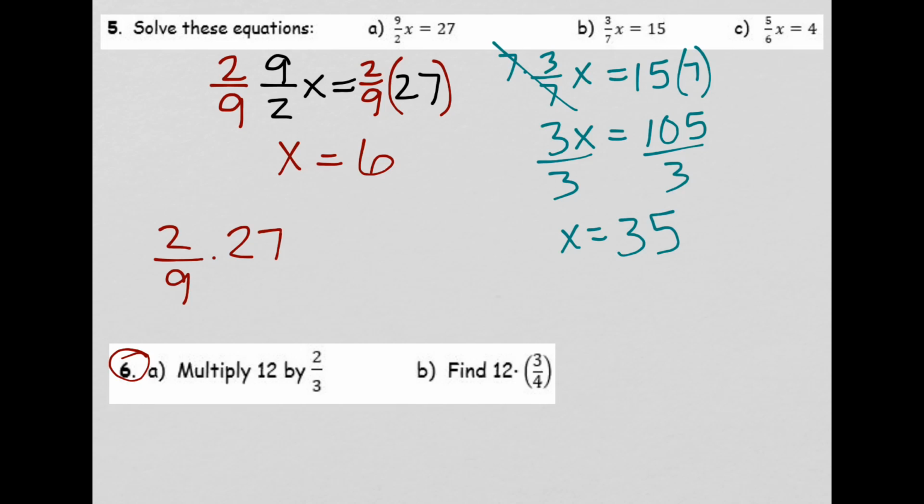Now, I'll tell you how lots of you do these problems, and that's how I'm going to do this next one, C, but I'm going to show you the pitfall. A lot of you are just like, I don't know, but I have a calculator to help me, so I'm just going to do it on the calculator. And you're saying, well, I have something times x equals a number, so I'm going to just divide both sides by 5/6. That's not a wrong idea.